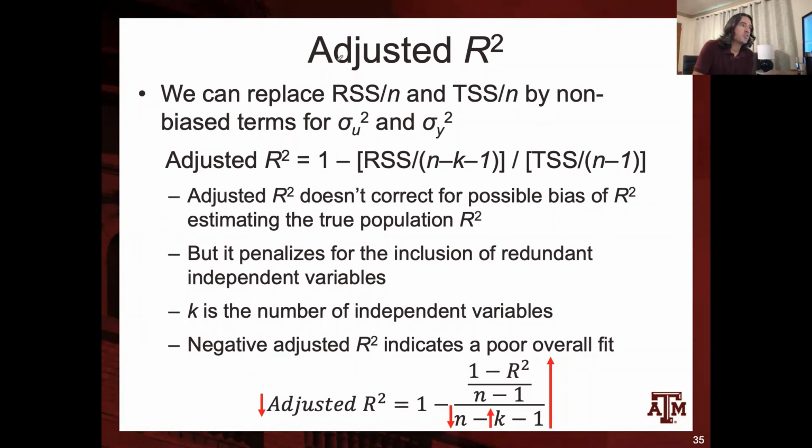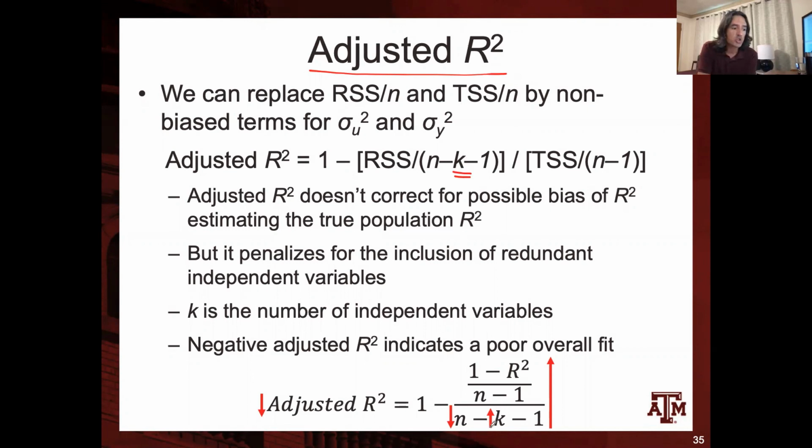So this measure of adjusted R-square punishes the R-square if I include independent variables, here symbolized by K, that do not explain much. K is the number of independent variables in my model.